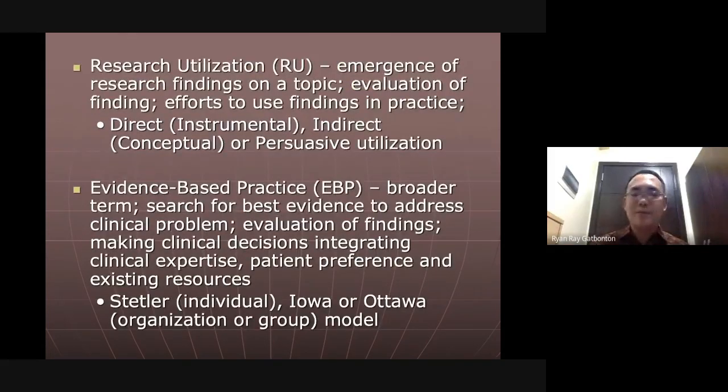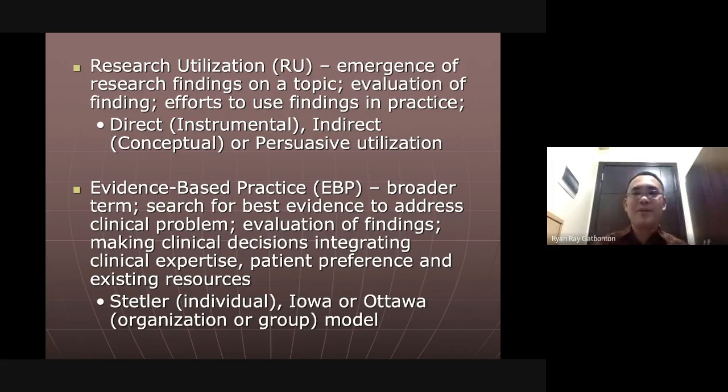Now, why do we need to critique research? Aside from connecting it to our papers, we also need to critique research because we want to use that. Okay? So the act of using research findings is actually called research utilization.